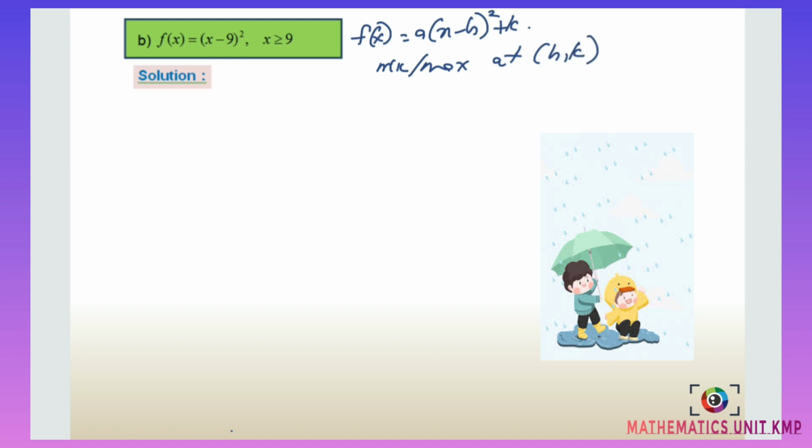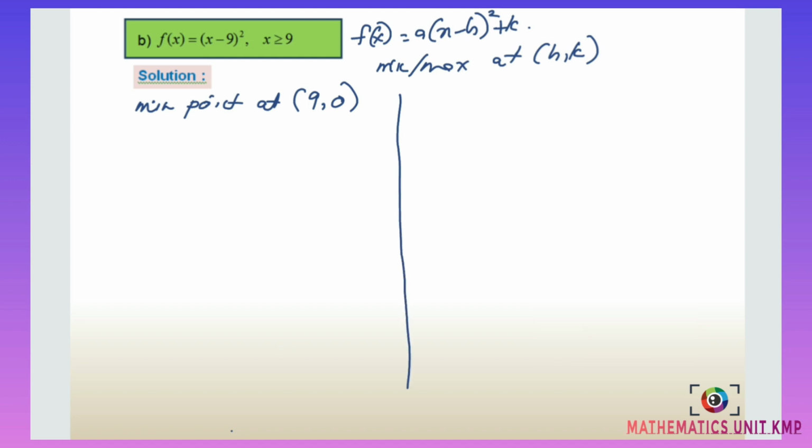For question B, the minimum point is at (9, 0). We can sketch the graph with the minimum point, x-axis, y-axis, and it intercepts the x-axis at 9. And the graph is concave up.